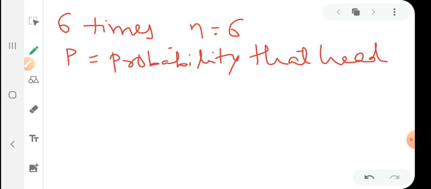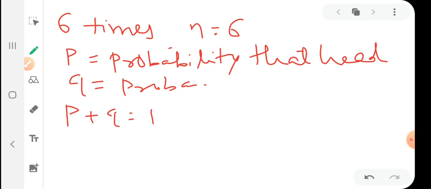And Q is the probability of failure, meaning a head does not appear, meaning getting a tail, the probability that a tail appears. You just complete the sentence here, and P plus Q is equal to 1.